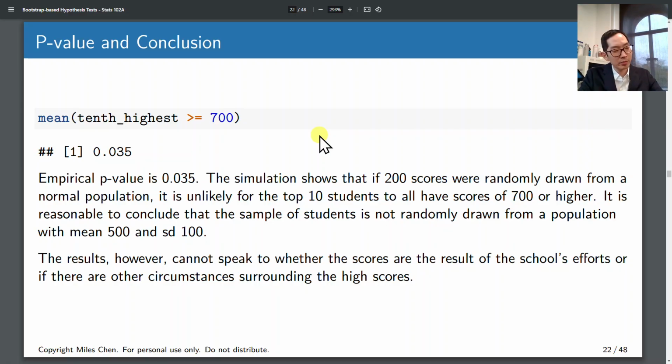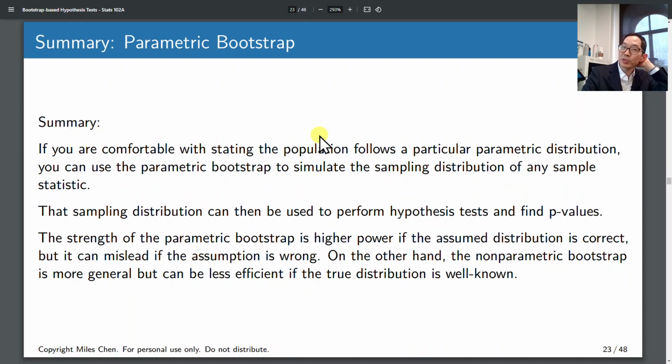So this is what you can do with bootstrap: you can start answering these kinds of questions where the theoretic distribution is tough to work out. If you're comfortable making parametric assumptions about the population, then you can use parametric bootstrap to simulate the sampling distribution. And once you have your sampling distribution, you can do hypothesis tests, find p-values, and do statistical inference. Parametric bootstrap has higher power as long as your assumed distribution is correct.